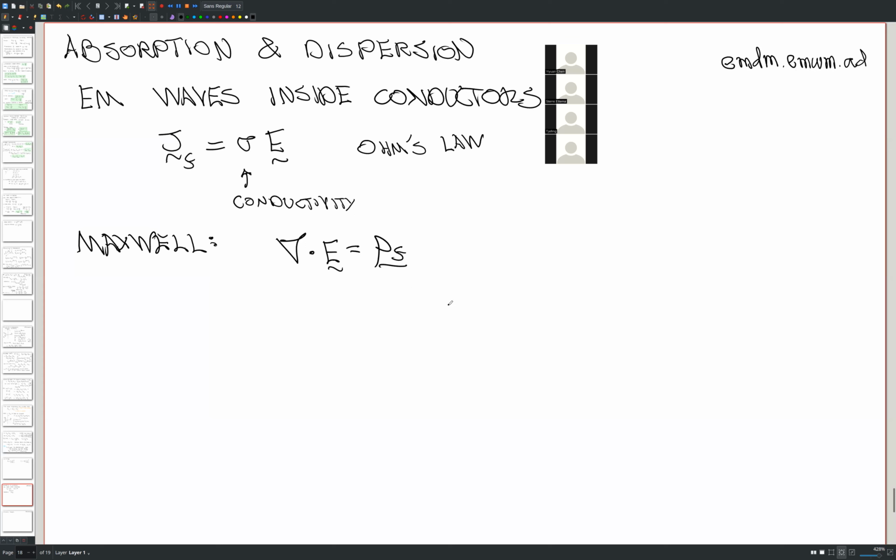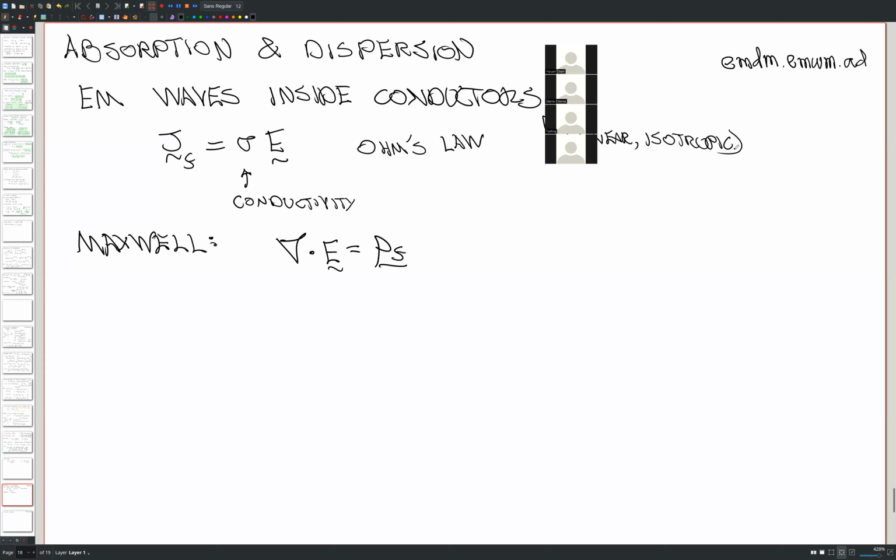We're assuming a linear isotropic conductor. Namely, we do Maxwell in matter, and we assume that the direction doesn't matter, and the intensity of whatever we have is proportional, so the polarization is proportional to the electric field.